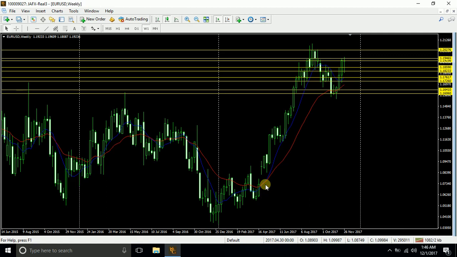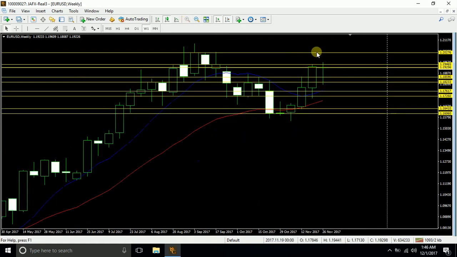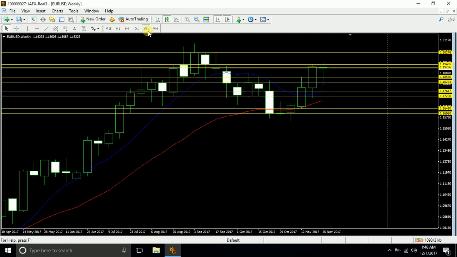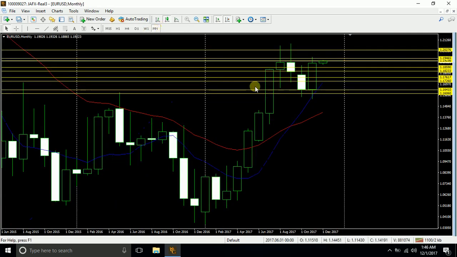When the red and the blue cross, that confirms an uptrend. When the red's on the bottom, uptrend. Red on top, downtrend.